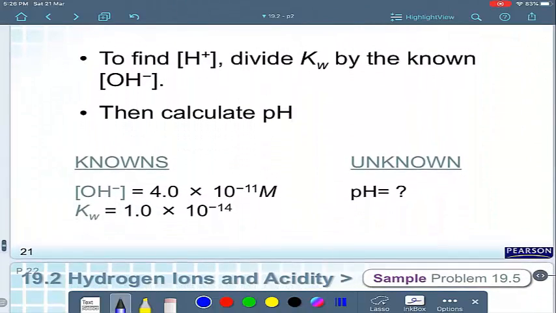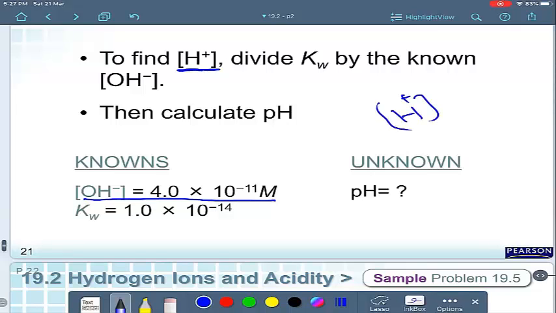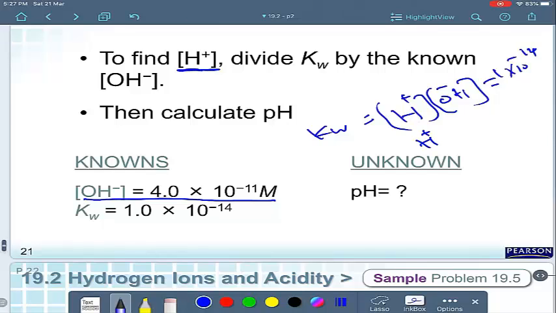We have different methods to find H+ from this OH-. It's easy. You have the OH- concentration here. First, you can get H+. You remember this relationship? Kw, which is 1 times 10 to the power of negative 14. You remember when we needed to calculate H+, what did we do?